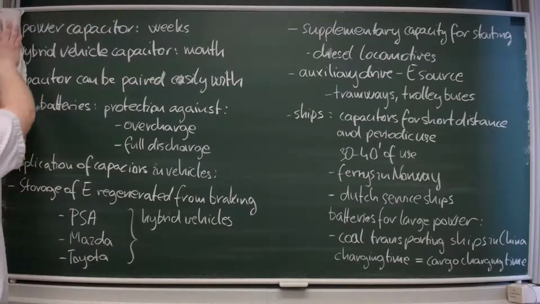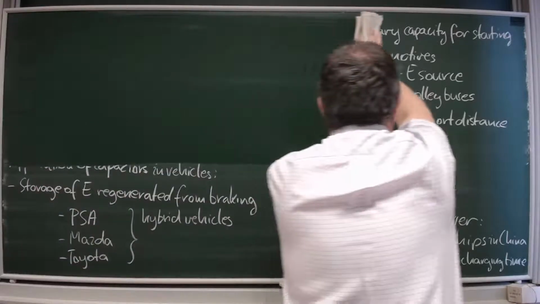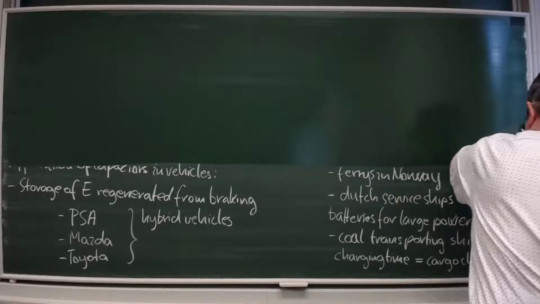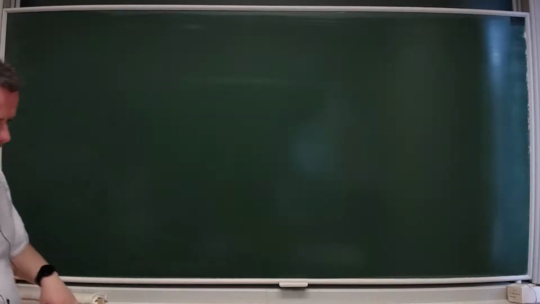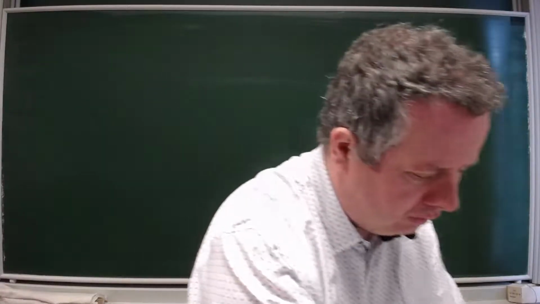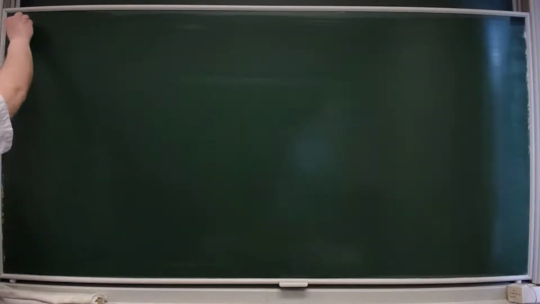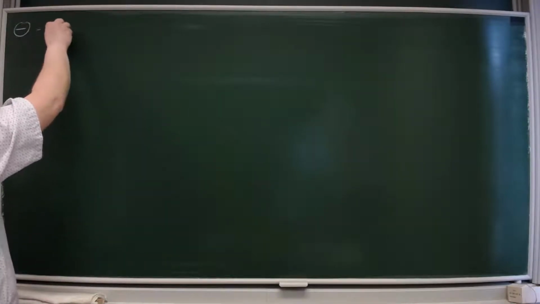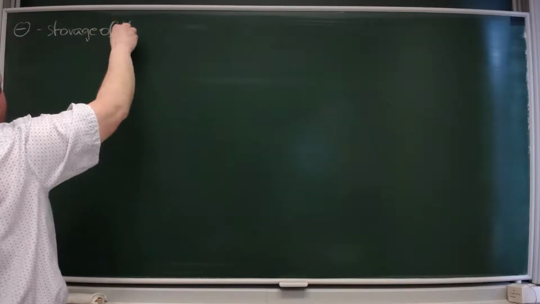And because it's so small, 1 proton and 1 electron for an atom, and 2 protons and 2 electrons for the molecule, it's quite difficult to handle and to store. So the negative is the storage of hydrogen.